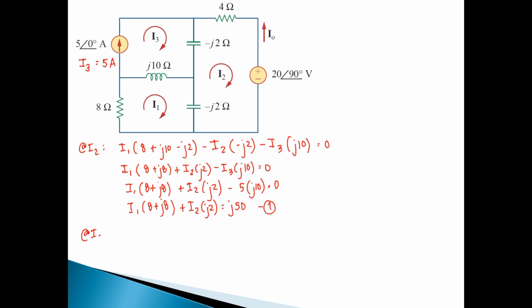And for the second equation, let's consider the loop I2. For I2, it will be positive, and the components we have are 4 minus j2, and then minus j2. For I1, we have a common component, which is negative j2, and for I3, we have a common component, which is also negative j2. And then we have the source, which is negative 20 angle 90.